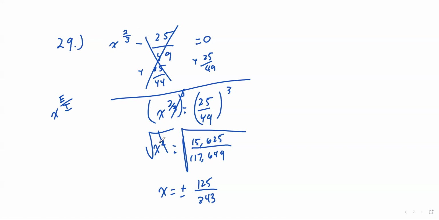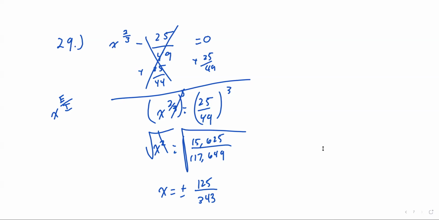The best thing to do is to square the number first and then take the cube root and see if you get 25 over 49. So to check it, you would have to square 125 first, and then do the cube root of that.